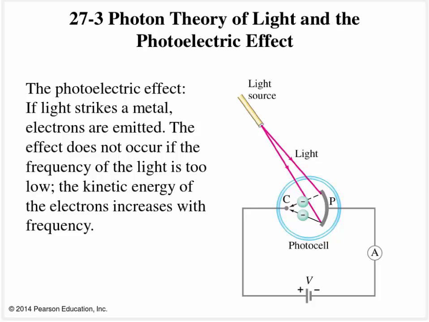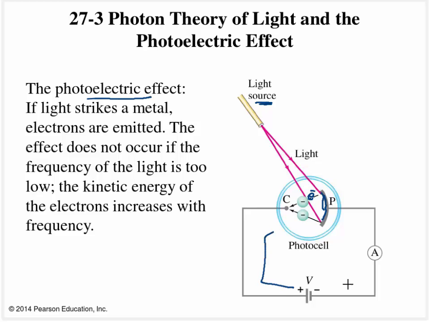This led to the discovery of the photoelectric effect, which is what Albert Einstein won the Nobel Prize for, not his theory of relativity. Essentially, we take a light source and we shine light onto something that is sensitive to light, and it's going to start to pick some electrons off. So these electrons are going to come off the metal.